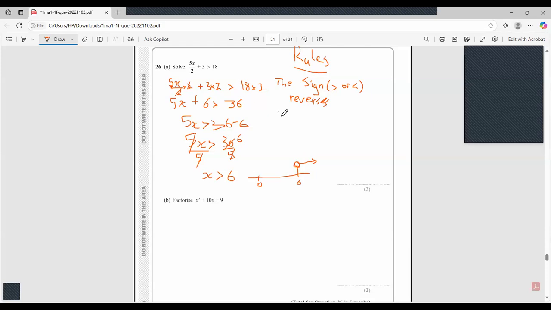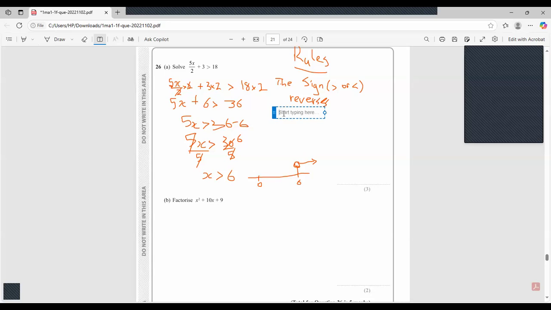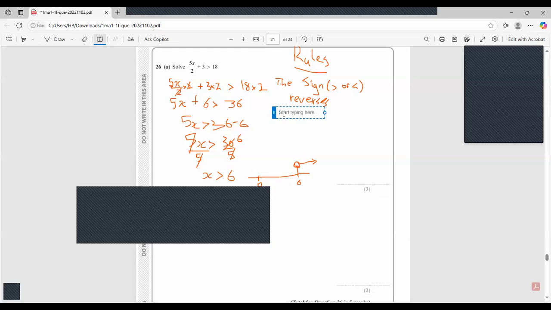Okay. Number one, you multiply or divide both sides by a negative number.